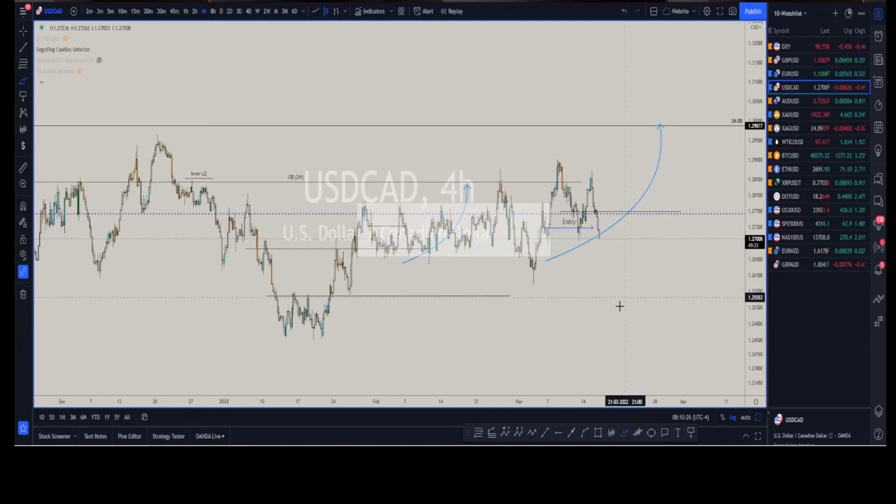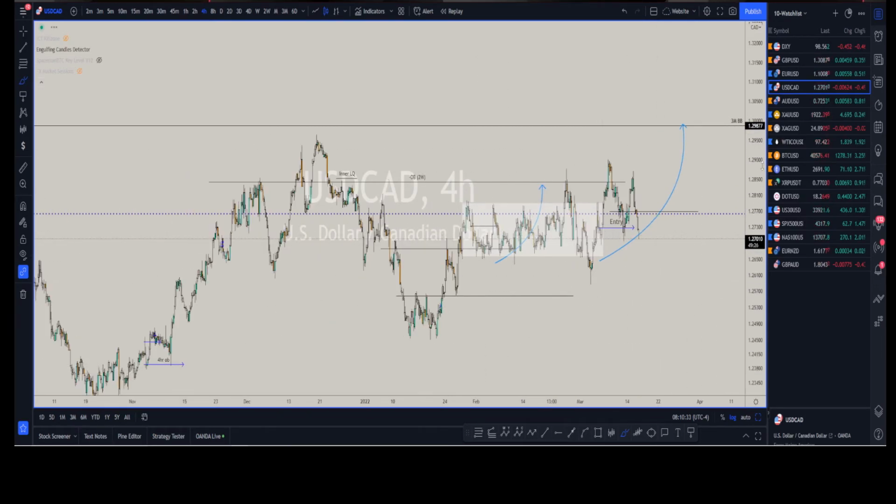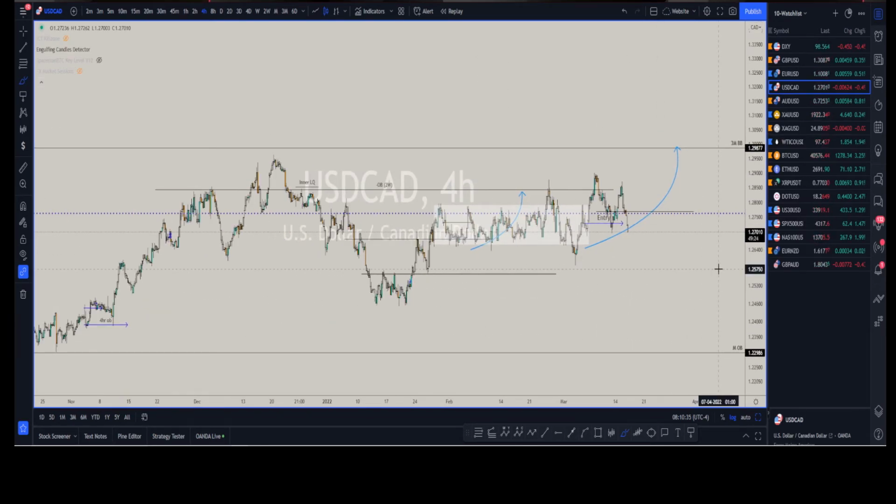What do we have here? Where's my liquidity? I identify my liquidity. They take some kind of liquid. What are they inducing? What's the intention of the market? This is looking dumpy.